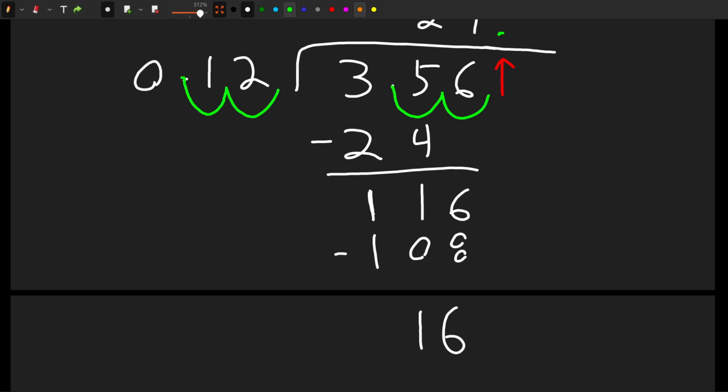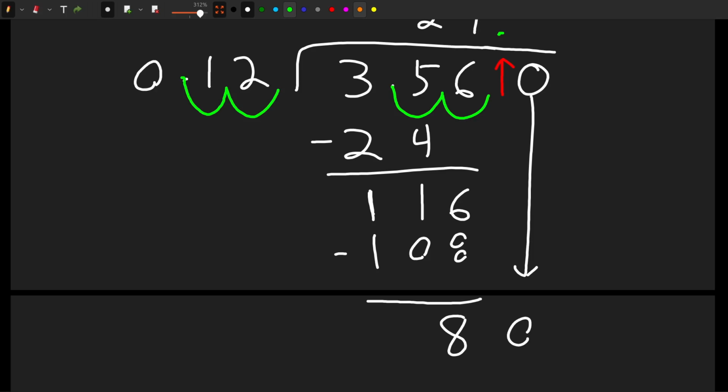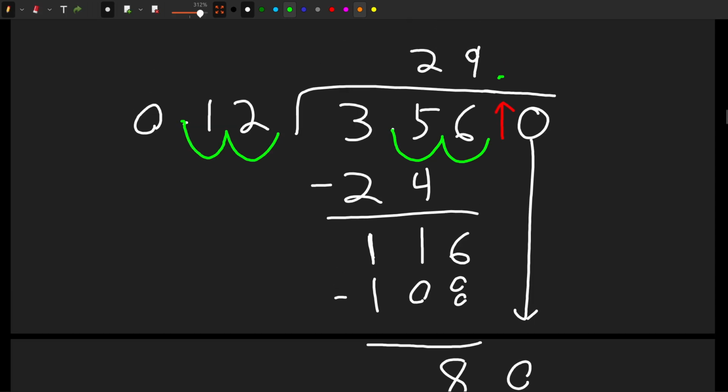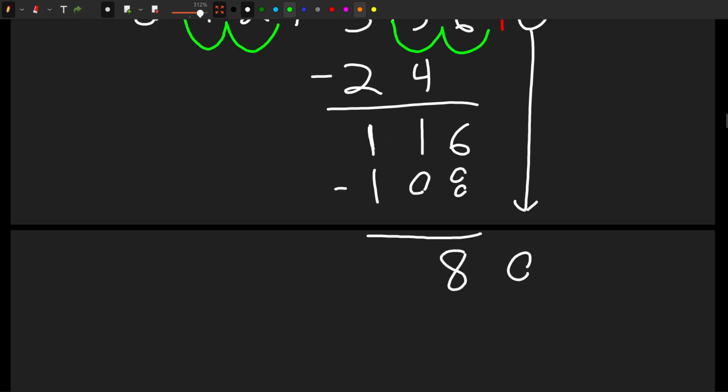That's not 16. How dare I? That is actually 8. Okay, so now I can also bring down a 0, and now I get 80. And then 12 times 6 gets me to 72, and that's why my notes looked a little weird. And then I can subtract 72, and I get 8.